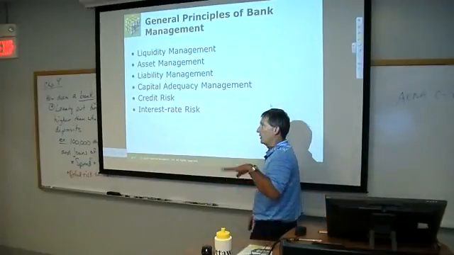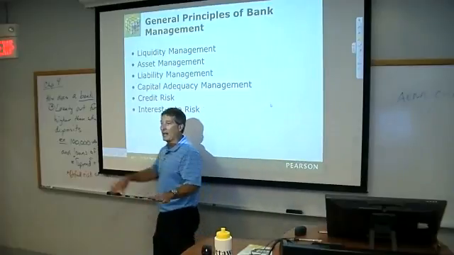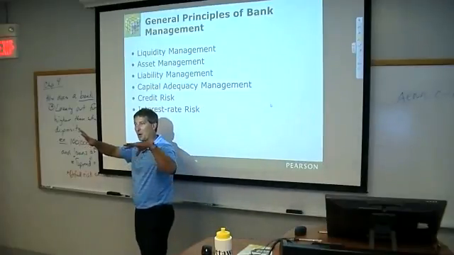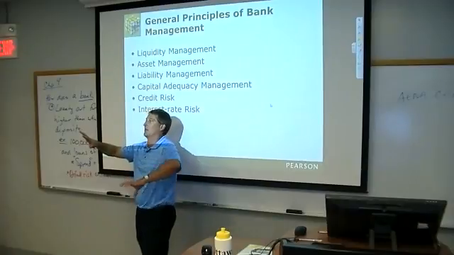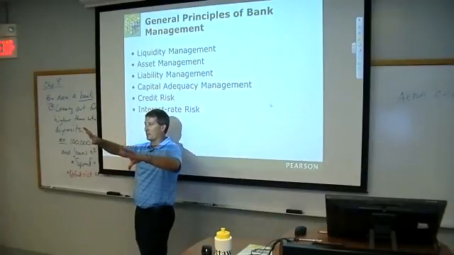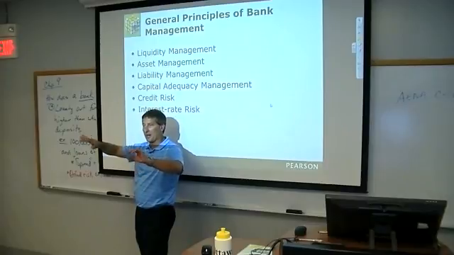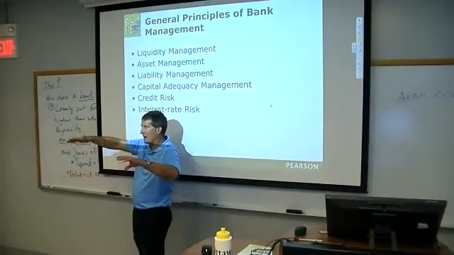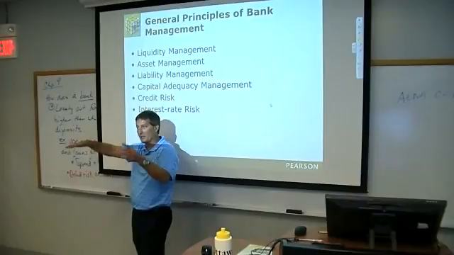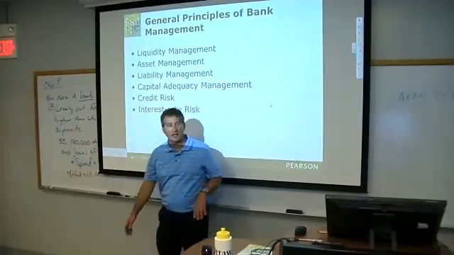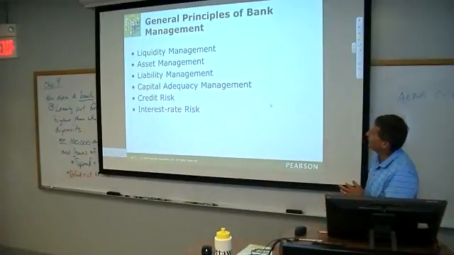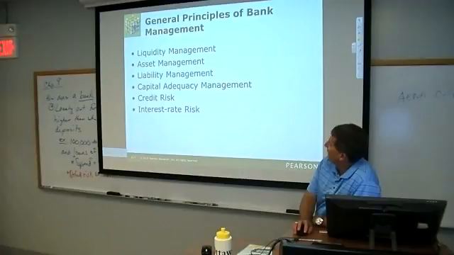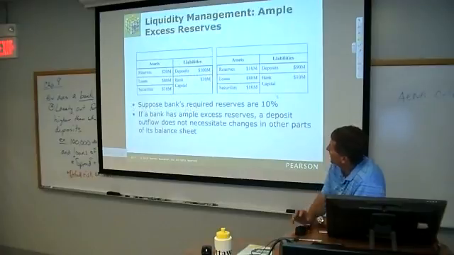Because if we're lending long at 6% and borrowing short at 1%, and market rates go up to 2%, I don't have time to necessarily change my long-term lending portfolio. So there's long-term planning and strategizing to think about the terms, durations, and risks associated with them. All right, we're going to take each one of these individually.